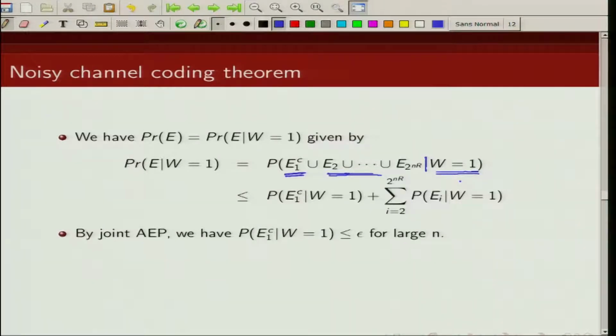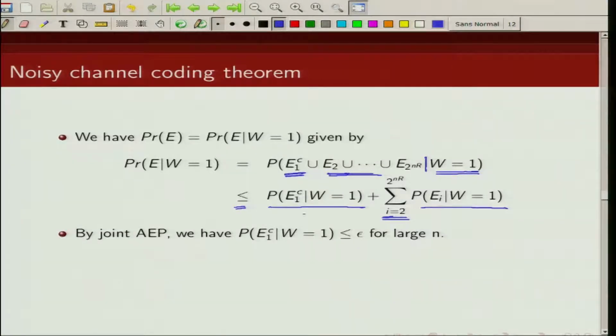And using the union bound, I can upper bound it as the probability of E1 complement given index 1 was transmitted, plus the sum of the probability of E_i given index 1 was transmitted, where i goes from 2 to 2^nR.